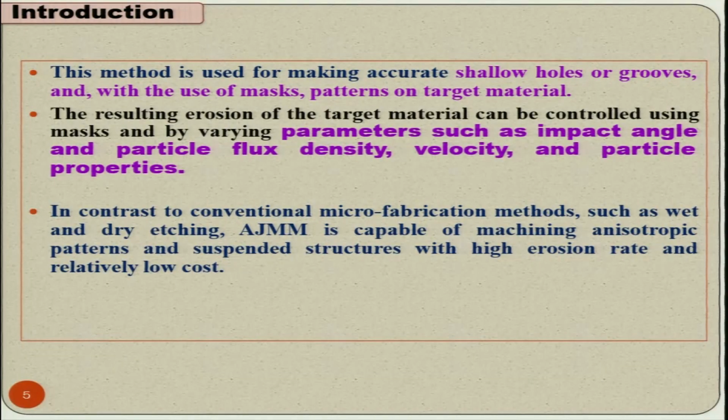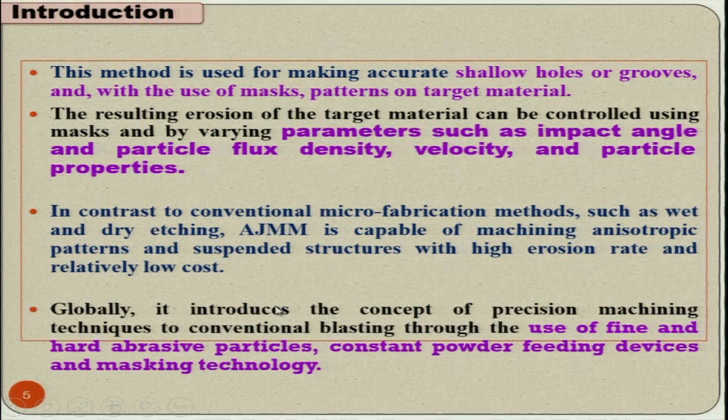In contrast to conventional microfabrication methods such as wet and dry etching, all of which we will discuss later on, abrasive jet micromachining is capable of machining anisotropic patterns and suspended structures with high erosion rate and relatively low cost. This process is comparatively low cost as compared to other processes, as you will appreciate when we deal with the details of this particular process.